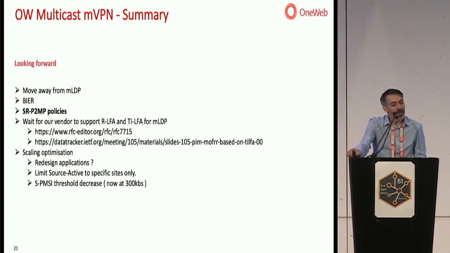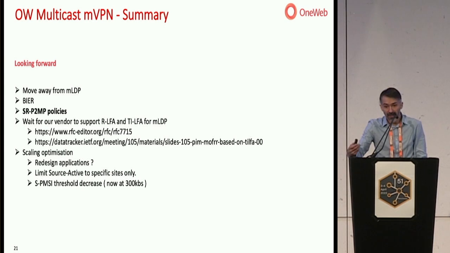After we did the migration, of course, we are done with this project. We are looking at ways to improve, and because of the findings in the migration, there are a couple of things that we want to do going forward. First of all, we really would like to move away from MLDP, and we are looking at alternatives. BIER is one of them.